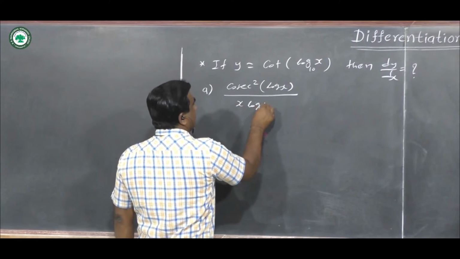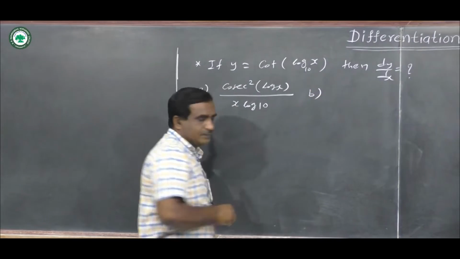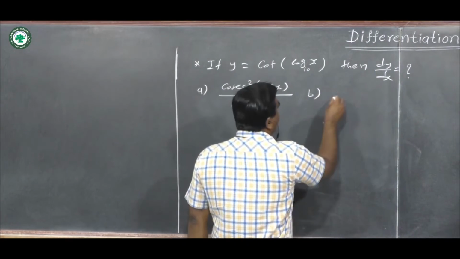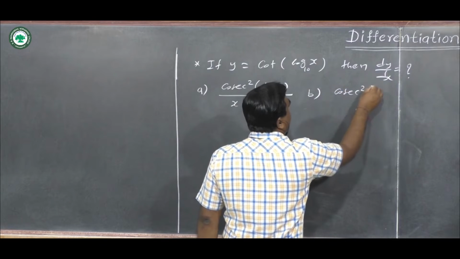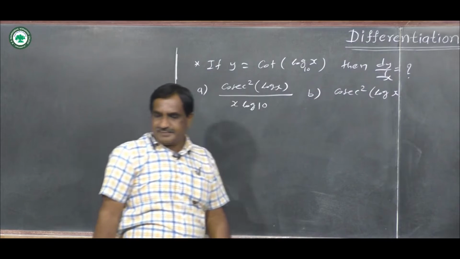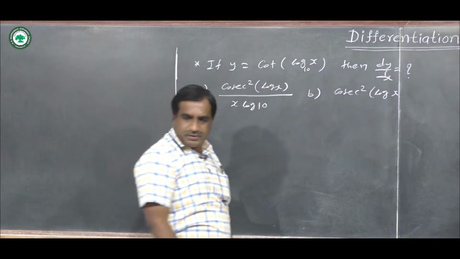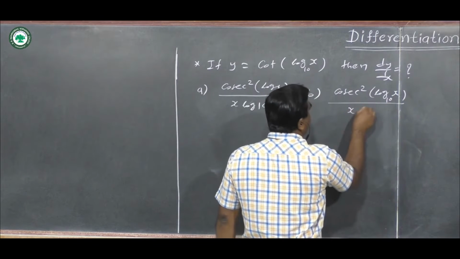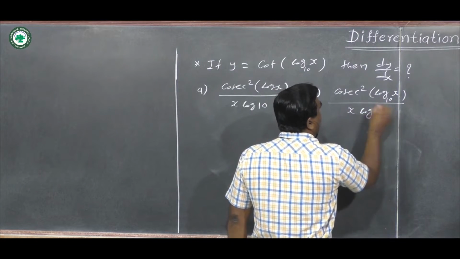Second option, B, cosec square of log x to the base 10 upon x into log 10.